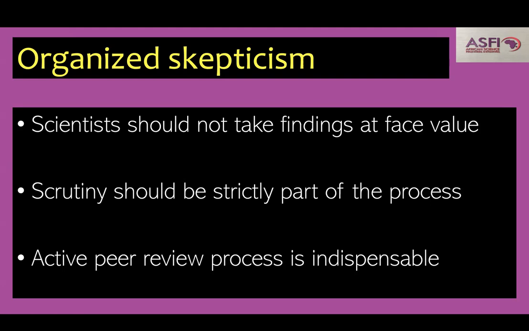And some evidence can actually be injurious because it is not supported with good evidence. And so if you apply such findings, you may harm the society. So it's important that we do not take findings at face value. Scrutiny should be strictly part of the process. Active peer review process is indispensable.